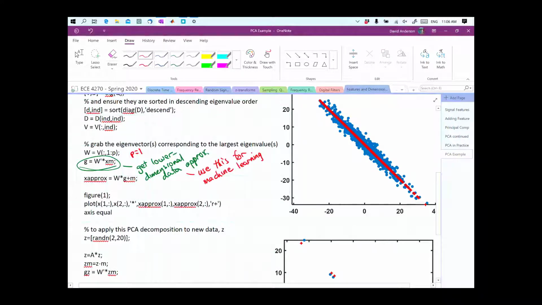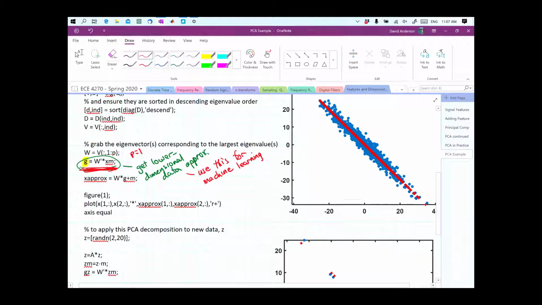So G is the main thing that you want to use. Everything else that we're doing from this point on is just kind of illustrating how this works and the effect on the data. But that's it. That's what you want.